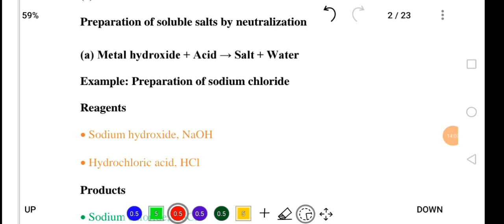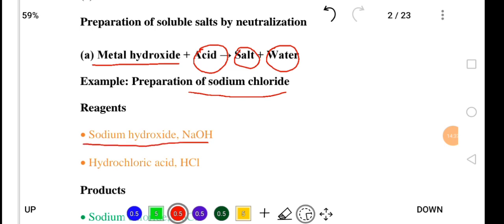So we said we use a metal hydroxide which will react with an acid to form a salt and water. For example, we are going to attempt to prepare sodium chloride. The reagents we are going to use will be sodium hydroxide in aqueous state, which we are going to react with hydrochloric acid.